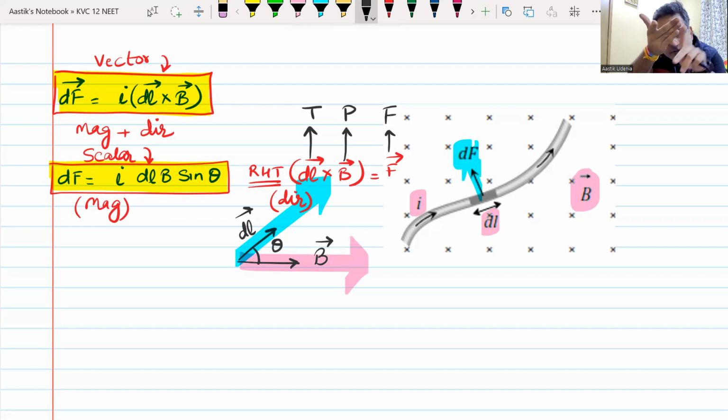If you turn your fingers like this, that is the direction of the magnetic force. Do we understand this? This is the direction of magnetic force on a small current carrying wire of length dl. Please give me a thumbs up if you understand this.